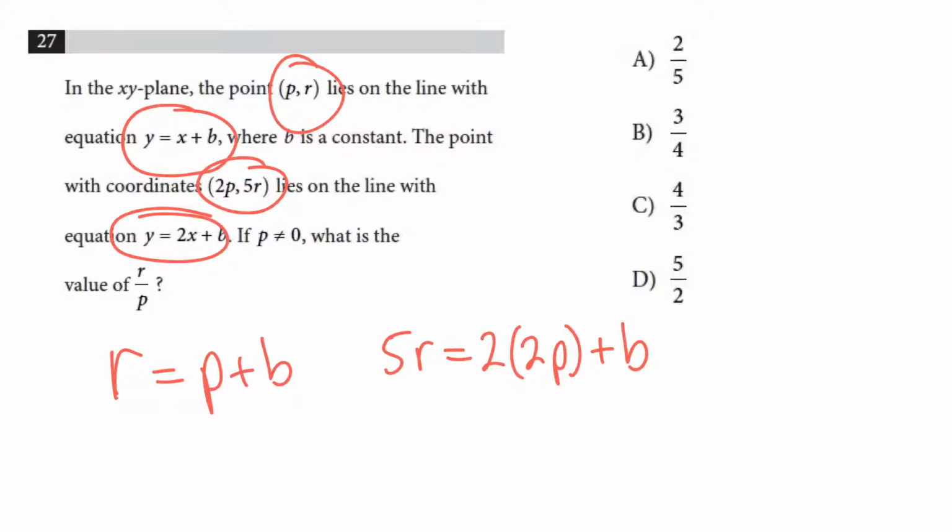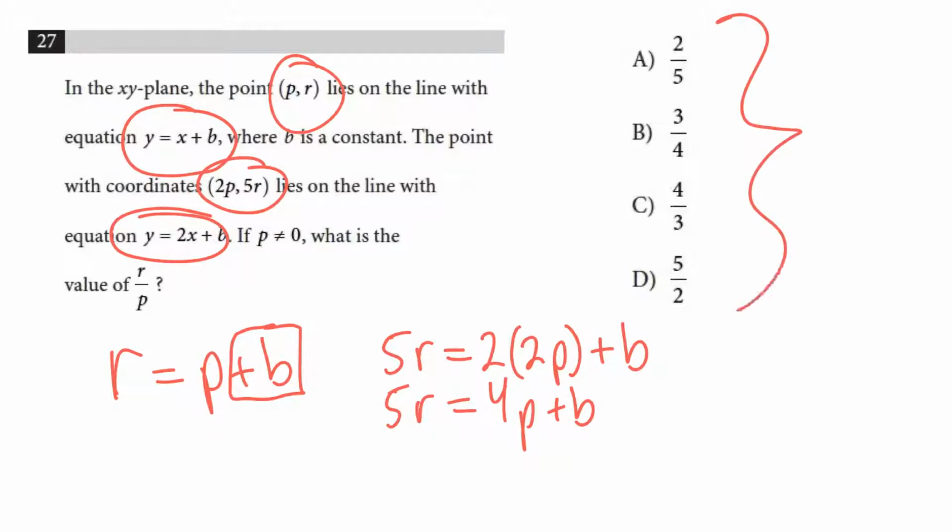Okay, well, I'm going to simplify my second equation here. I'm going to get 5r equals 4p plus b. I really think that we should be eliminating our b, because I suspect that we're going to need to isolate the r and p, and then the other side of the equation will equal some value.